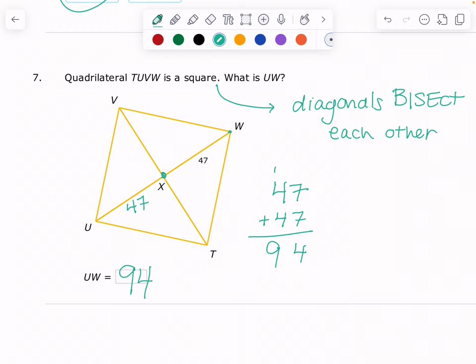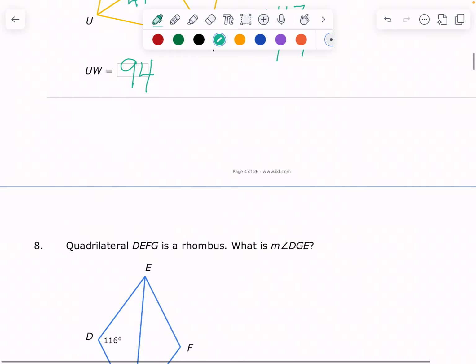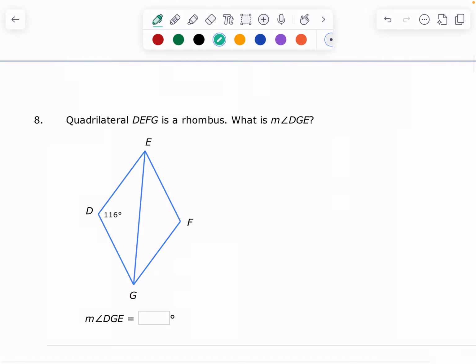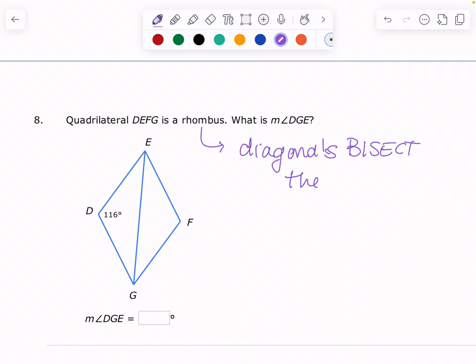All right. And then quadrilateral DEFG is a rhombus. What is the measure of angle DGE? Here is the thing about a rhombus that you'll need to know: the diagonals bisect the angle.